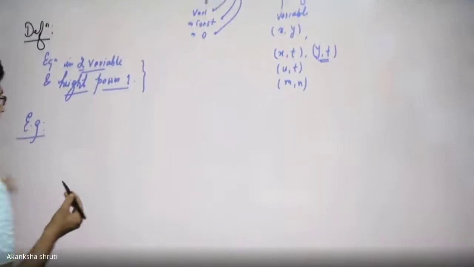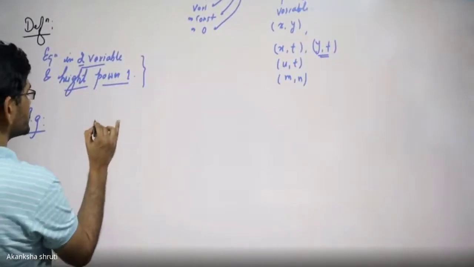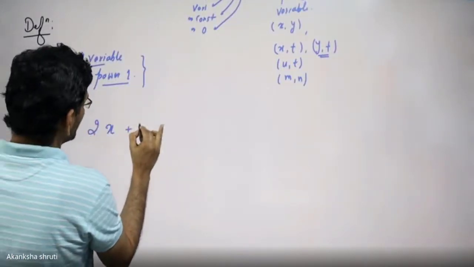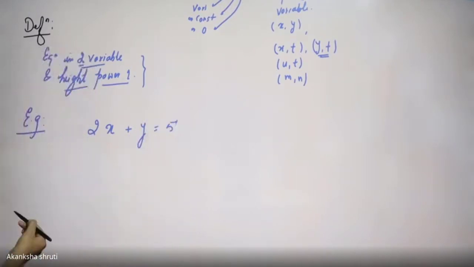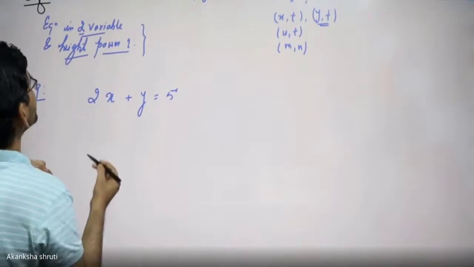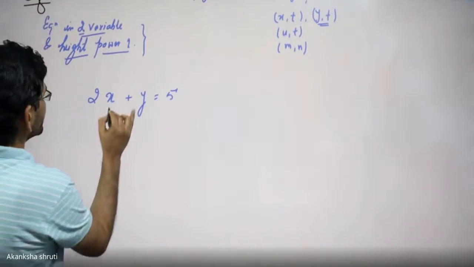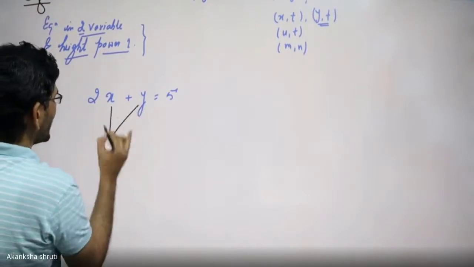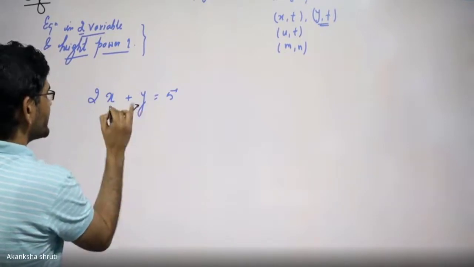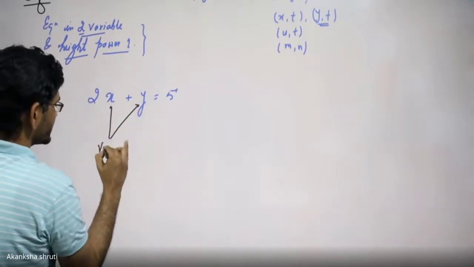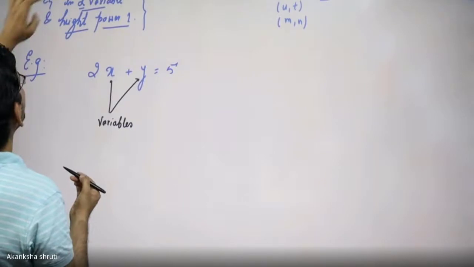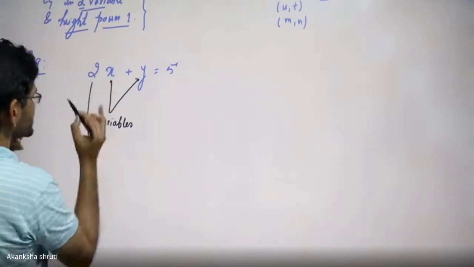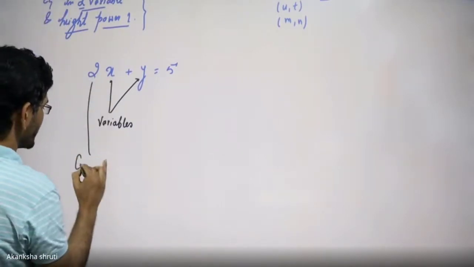Example, students, let us consider 2x plus y is equal to 5. If we understand this, we get that here x and y are the variables. Students, whatever comes as a multiple of the variable is called the coefficient.